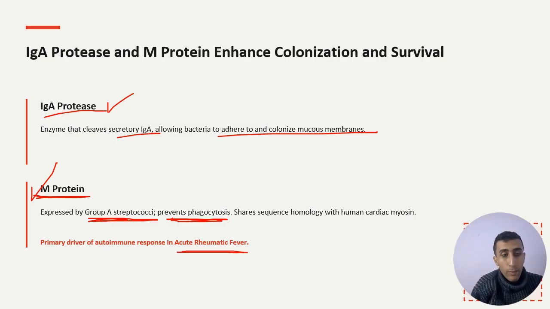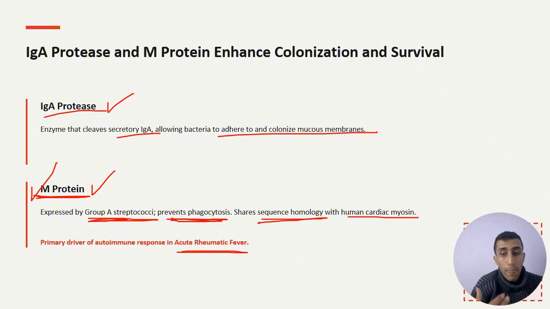So again, the M protein's main purpose is the prevention of phagocytosis. The bacteria have this M protein to protect themselves from being phagocytosed, but as collateral damage, this M protein shares some sequence homology with the human cardiac myosin.